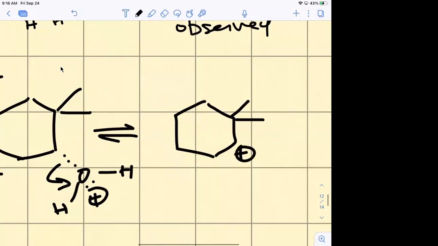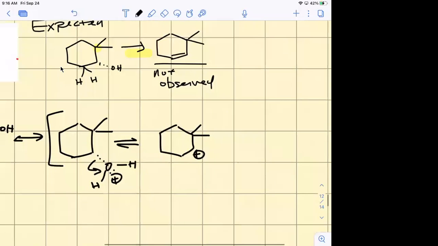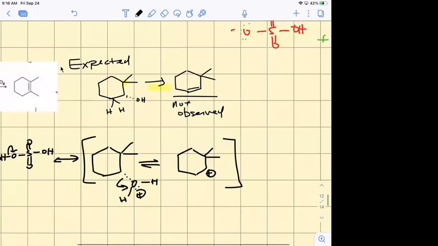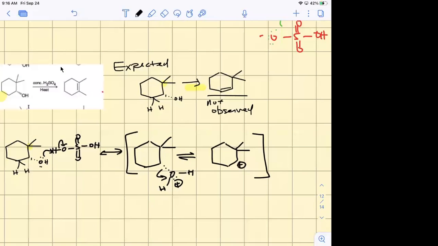So now I have a plus charge on that carbon, right? Based on what you see in the product, what does it look like happened in that product? Rearrangement.